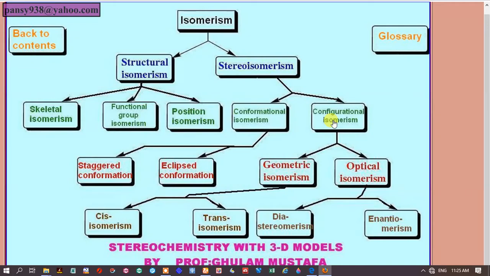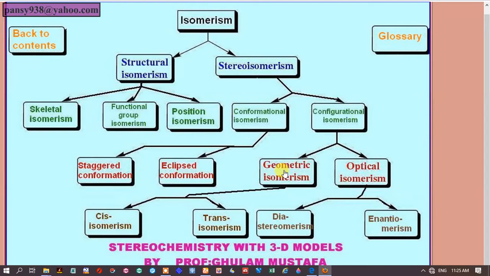There are again two types of configurational isomerism. One of them is the geometric isomers, which is a result of a double bond which is non-rotatable. We discussed the geometric isomerism in our last session.